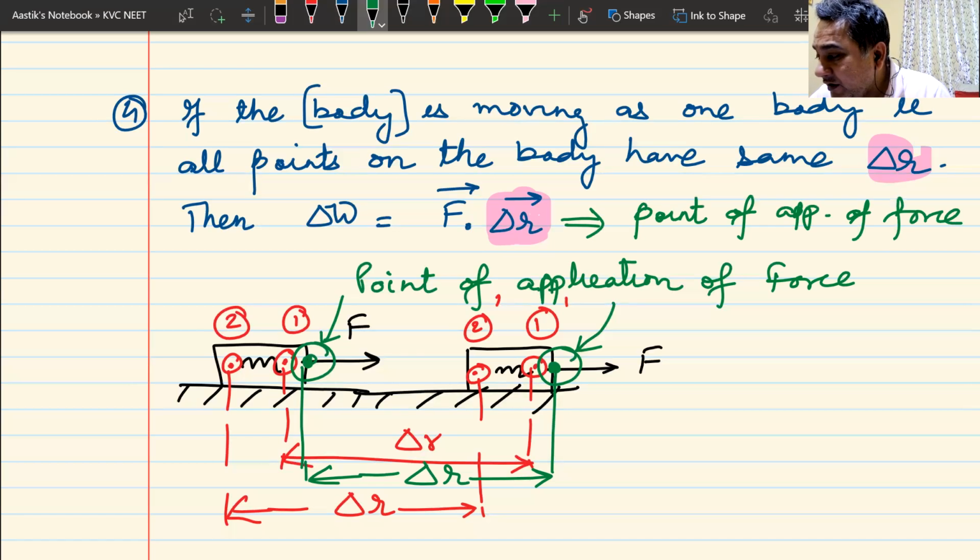So everywhere, you don't have to see the motion of the body, you have to see the motion of that point where you have applied the force, and you have to use the displacement of that point in the formula for work done. In the formula for work done, displacement is the displacement of the point of application of force.